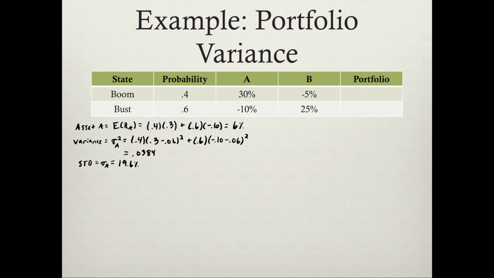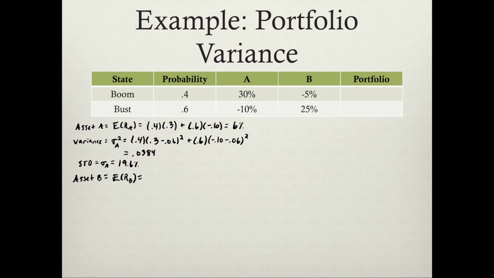Let's do the same thing for asset B. So we are calculating the expected return and the standard deviation of each individual security. Here for asset B, we are calculating the expected return of B. You may wish to pause this at this time and work through it on your own and see if you can get the same answers.